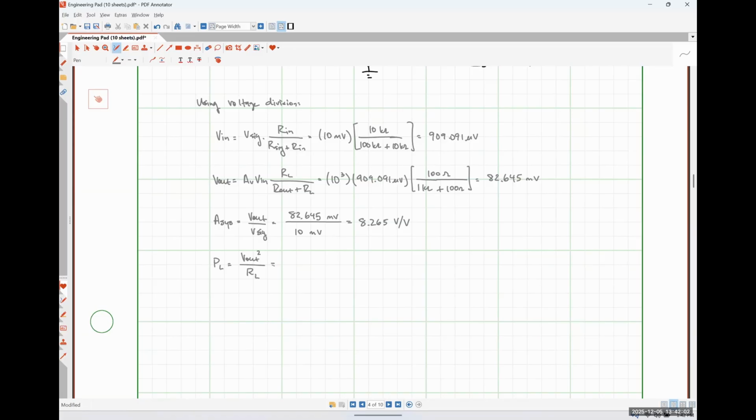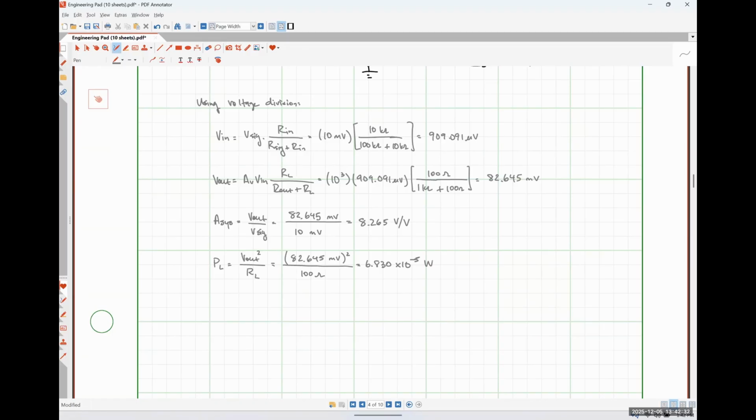But since my output voltage is much larger, I should see a lot more output power. 82.645 millivolts quantity squared divided by 100 ohms, which comes out to be 6.830 times 10 to the minus 5 watts.